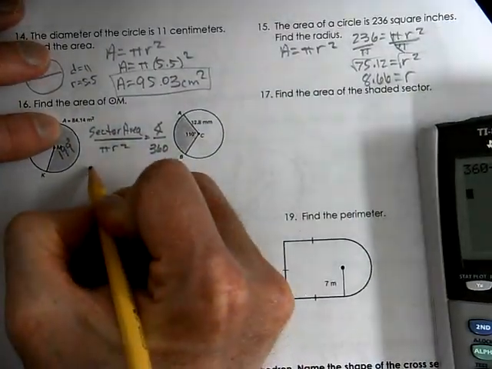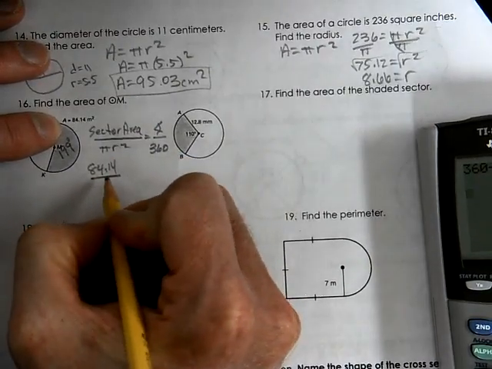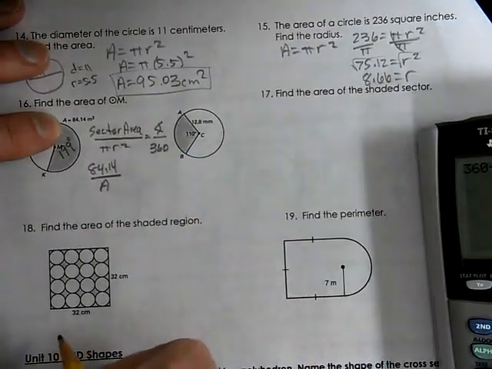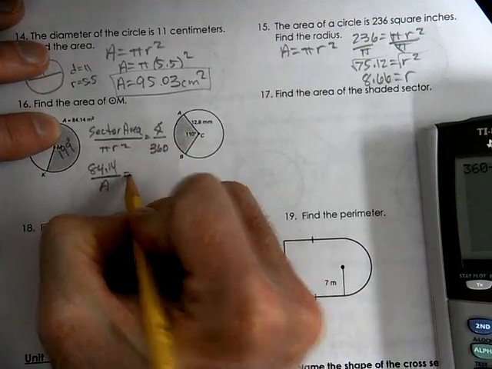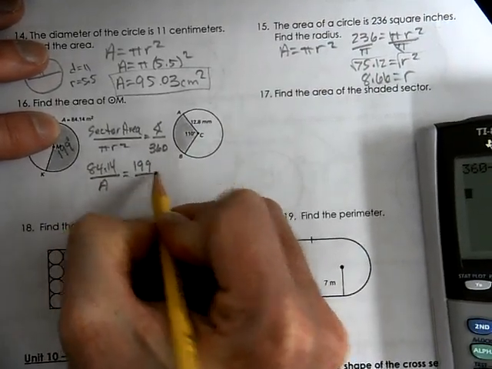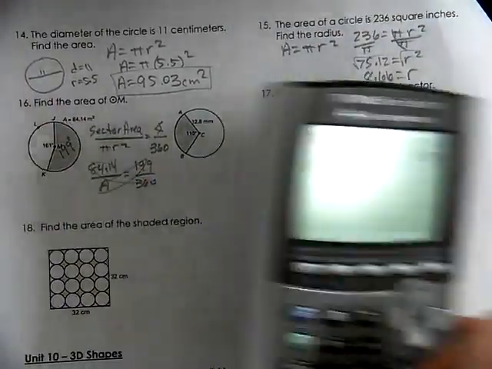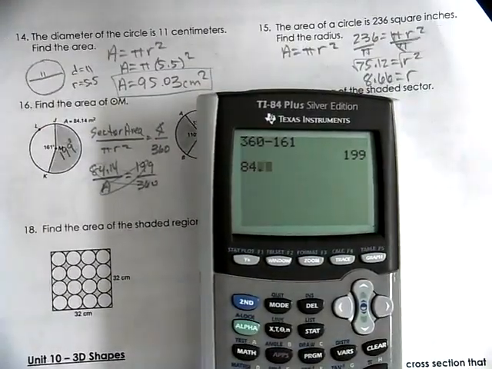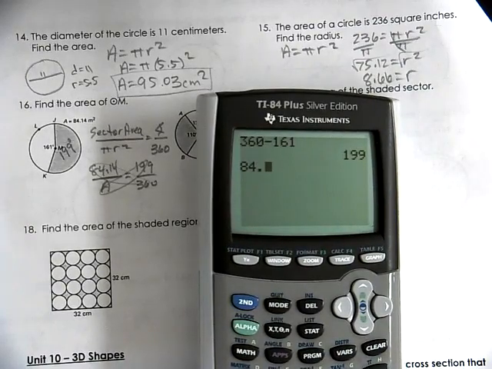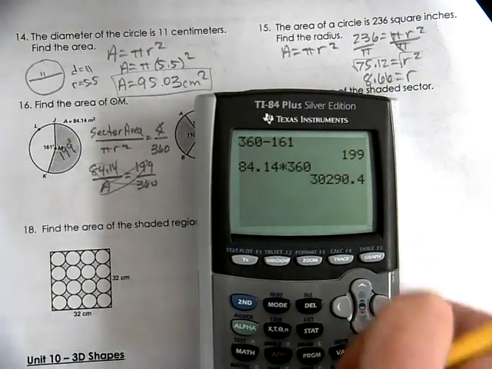So our shaded region is 84 over the area of the circle. We'll just call it A. The angle is 199 over 360. 84 times 360.